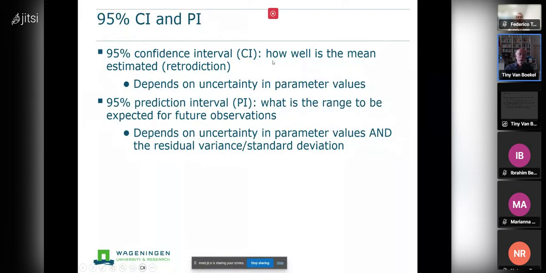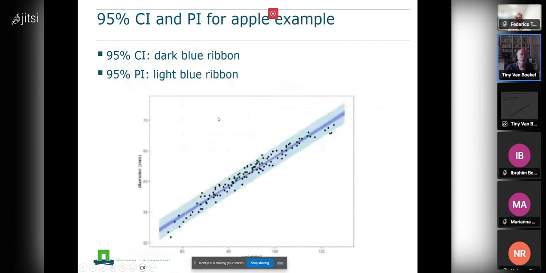So this confidence interval is really about retrodiction. You are using the data and then you are going to retrodict what you would expect for the mean. And the prediction interval is really for new observations that are not yet there. And here is an example of that.